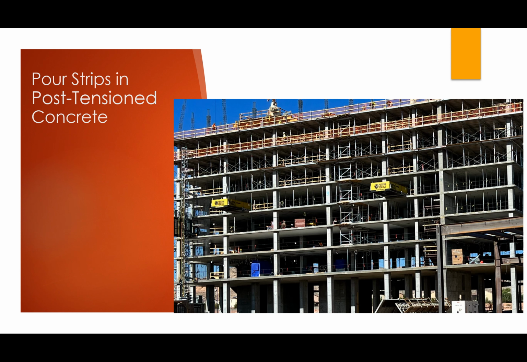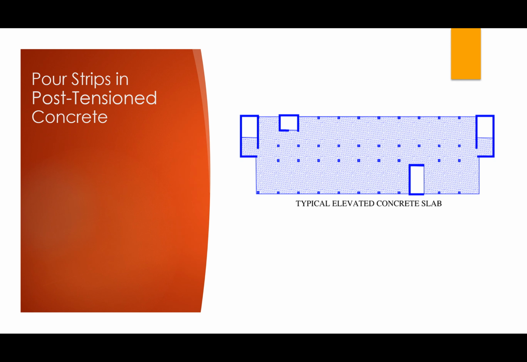But in any case, let's start off with just a brief overview of what a pour strip is and why the pour strips are so important in post-tension concrete design. Fully recognize that there's probably some engineers here that are not terribly familiar, so we're going to go over the basics here first, and then we'll get into some of the more nuanced details and, in particular, the issues surrounding this project.